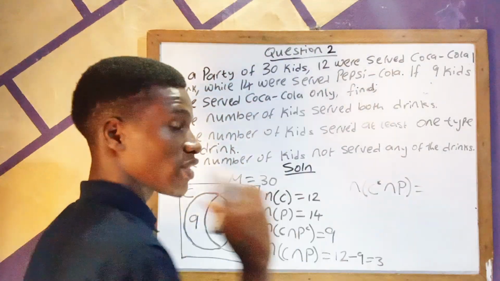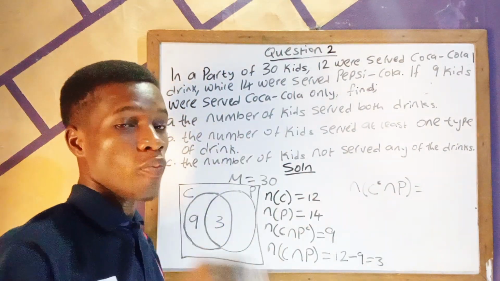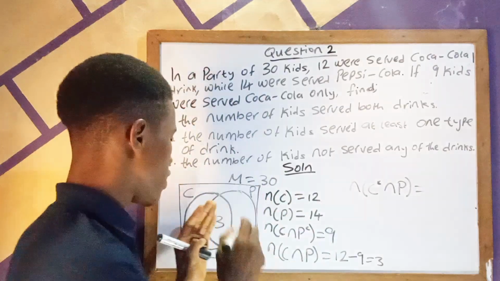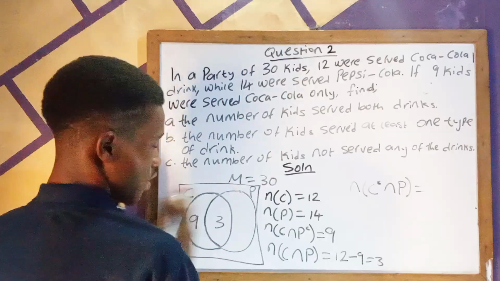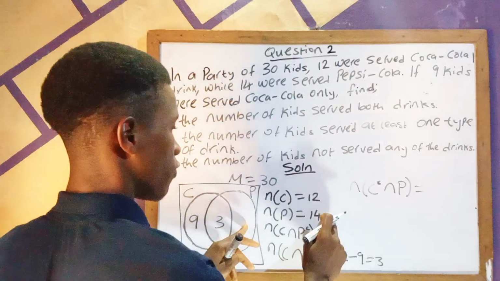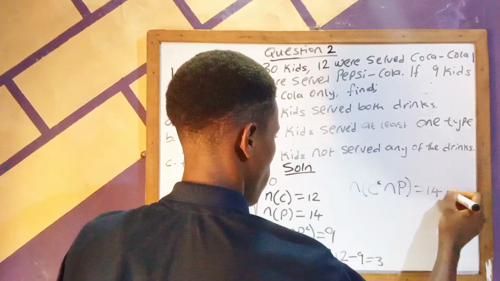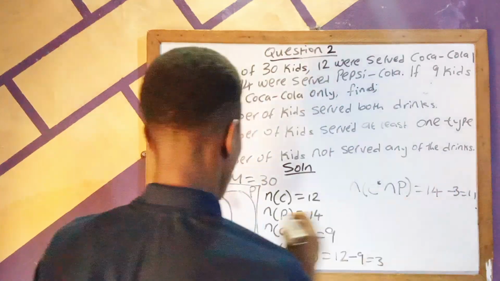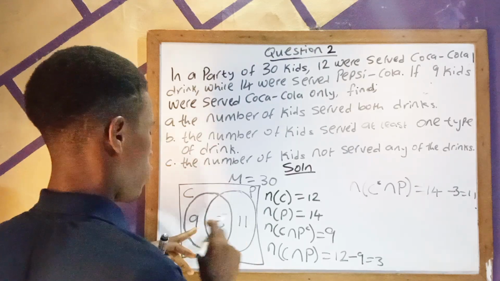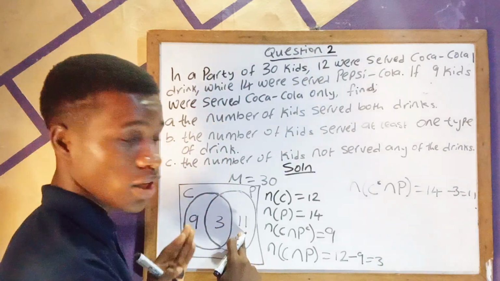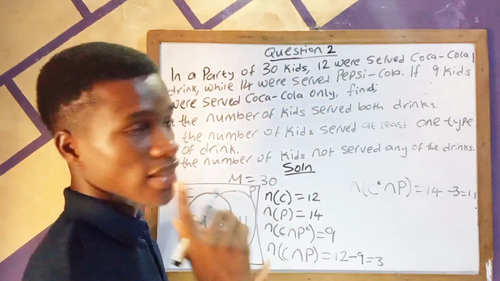This is the number of those that took only Pepsi-Cola, because Pepsi-Cola is intersecting the complement of Coca-Cola. That means this part here. When we take away this intersection, we have only this. So if we have 14 here, those served only Pepsi-Cola is 14 minus 3, which is 11. So 11 people took Pepsi-Cola only.